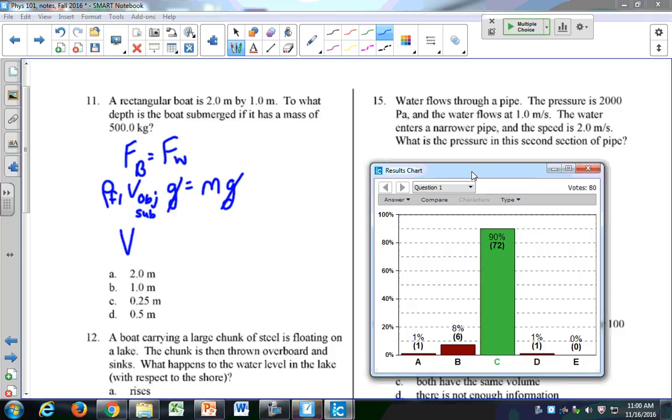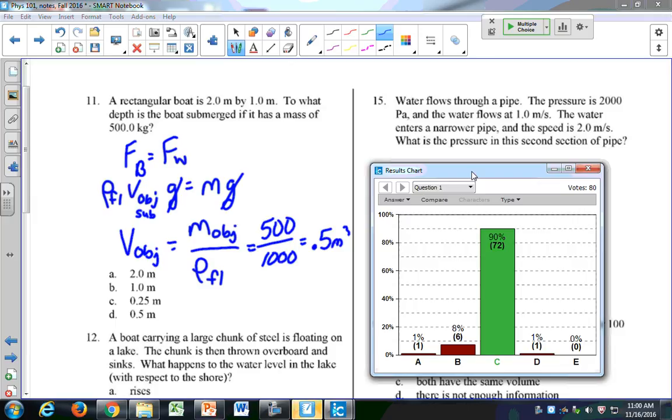Let's go ahead and solve for the volume of the object. That's going to be equal to the mass of the object divided by the density of the fluid. It's important to keep all your subscripts here because you got different densities floating around. So you need to make sure you keep your proper subscripts. That's going to be 500 over 1,000, which is the density of water, or 0.5 cubic meters.